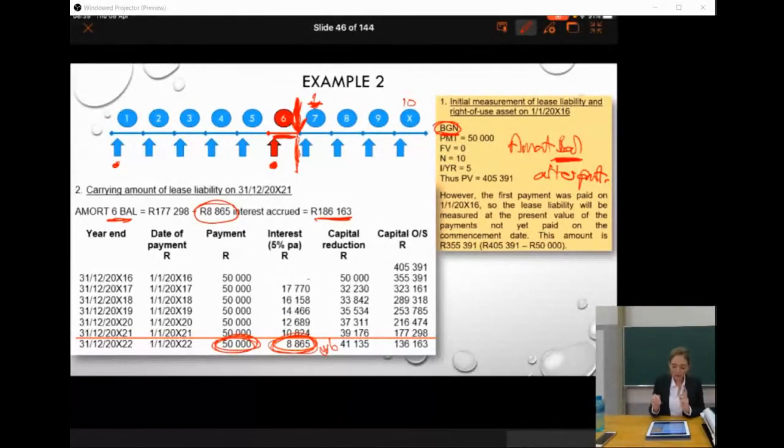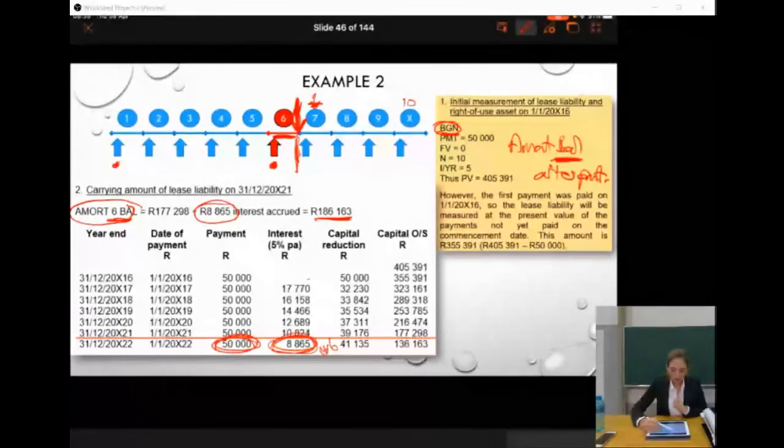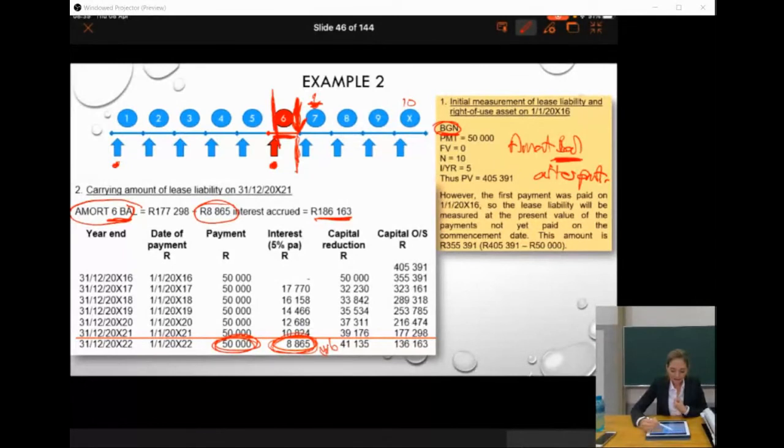When you ask your calculator for a balance, if you say amort 6 balance, it's going to give you the balance after the 6th payment has been paid. So it gives us the balance at this point. However, we do our SFP for the end of the year. So during this period, the liability would have increased with the interest for that year.